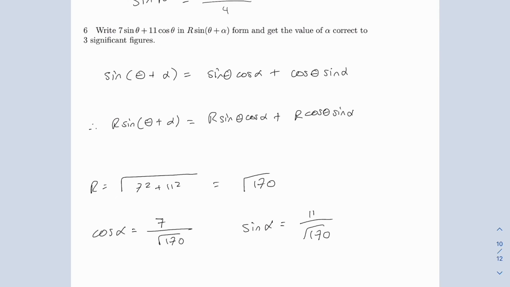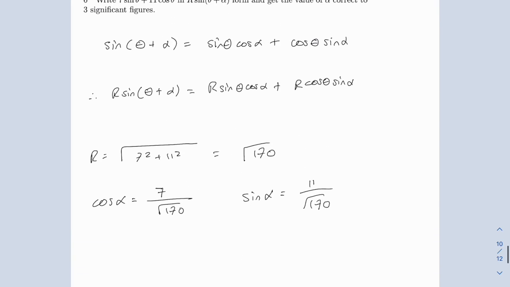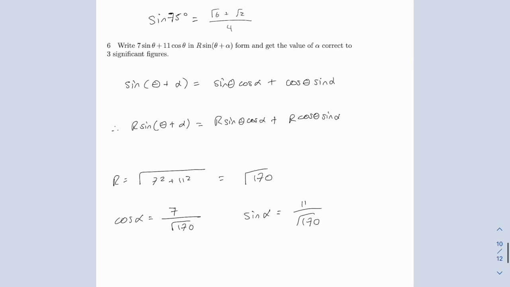All right, so you get these values. What do we do from here? Okay, we got our values here. Brilliant.